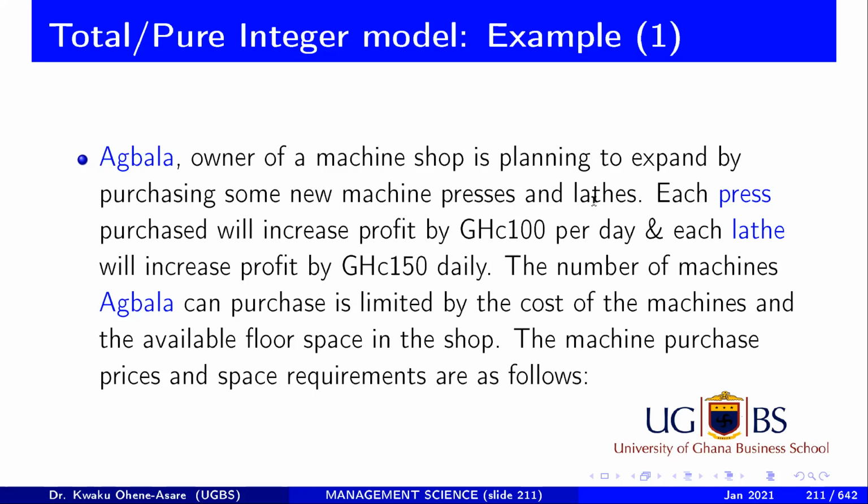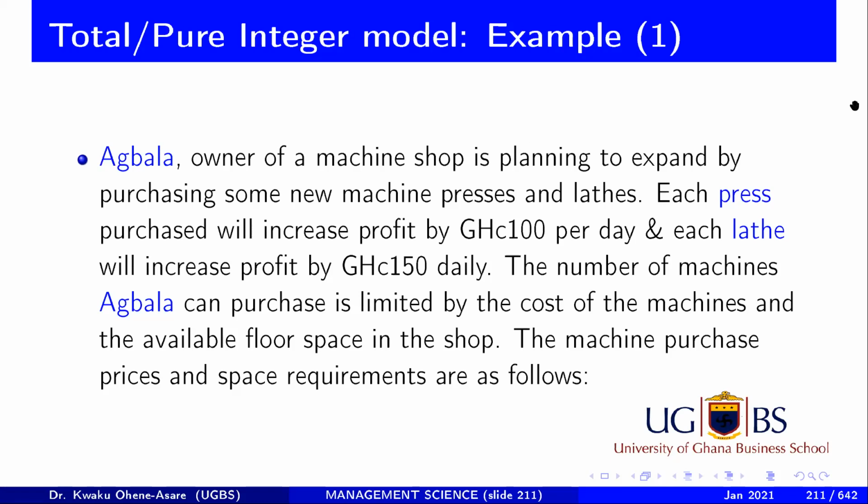Each lathe will increase profit by 150 daily. And the number of machines Agbala can buy is limited by the cost of the machines and the available floor space. So the constraints for this formulation are the cost constraint and the floor space constraint. The machine prices and their spaces are all shown below here.